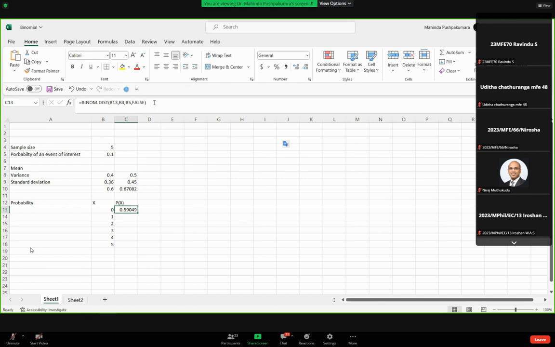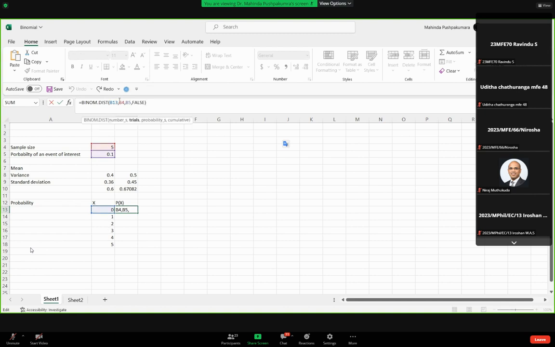But before that, you have to make some changes because here 5 is a constant value, probability also constant, so you have to convert these values into constants. Then the B13 means this value, it should be changed.